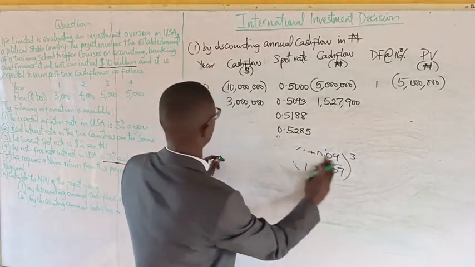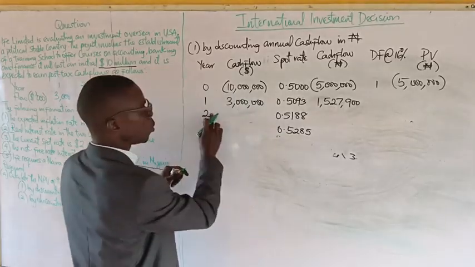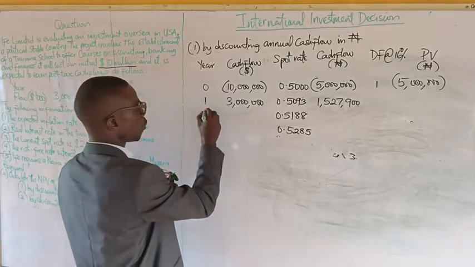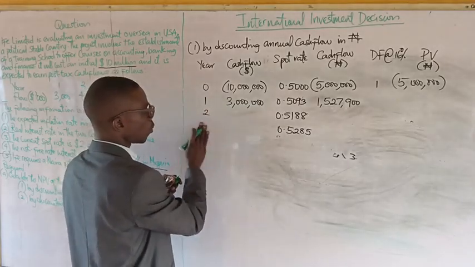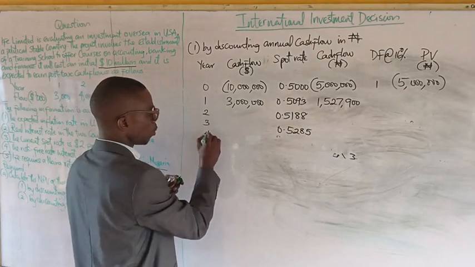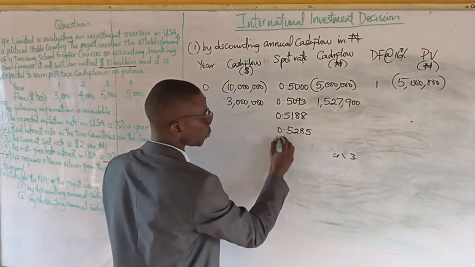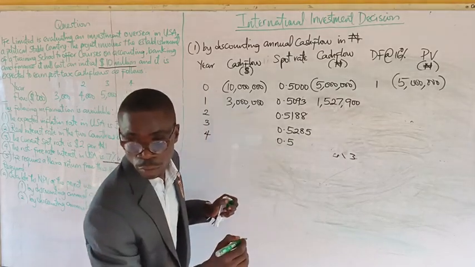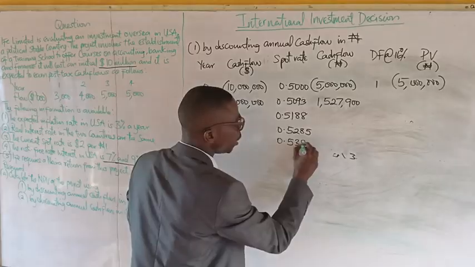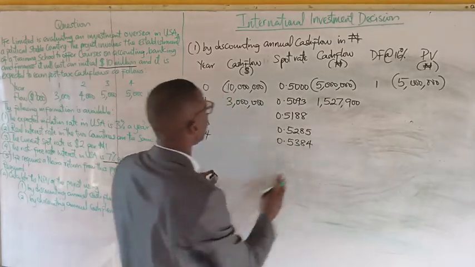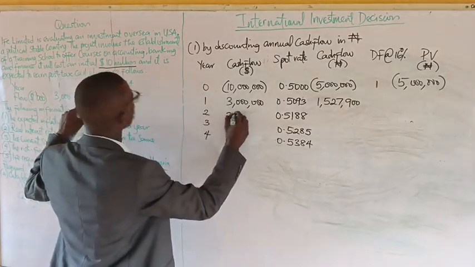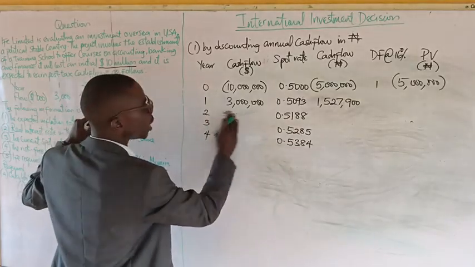For year 4, it is 0.5384. Okay. Now don't forget the cash flow for year 2 is, sorry, 4 million rather.